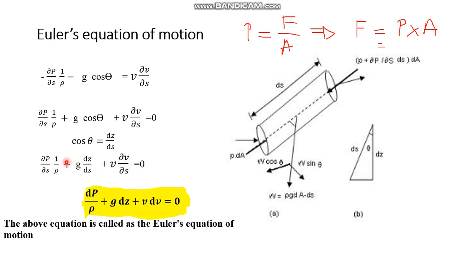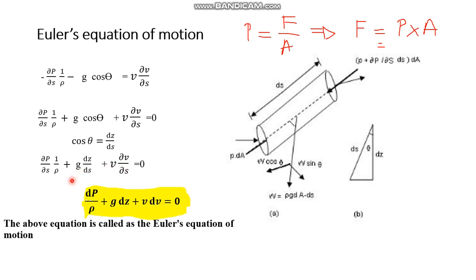In this equation, dou p by dou s is nothing but the rate of increase of pressure per unit distance, so it can be written as dp divided by rho, plus g into the rate of vertical change per unit length of the fluid element, that is dz, plus v into dou v by dou s, that is the rate of increase of velocity with respect to the length of the fluid element, which we can write as dv, equal to 0.